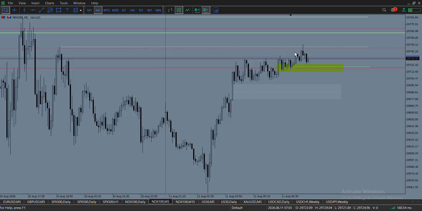So we can expect price to offer lower prices for now, in the form of the manipulation concept that I talked about even yesterday. You can expect price to run lower, take these stops out, and then start moving higher, and that's what I'm anticipating. If it does not do that here, we can expect price to run higher.